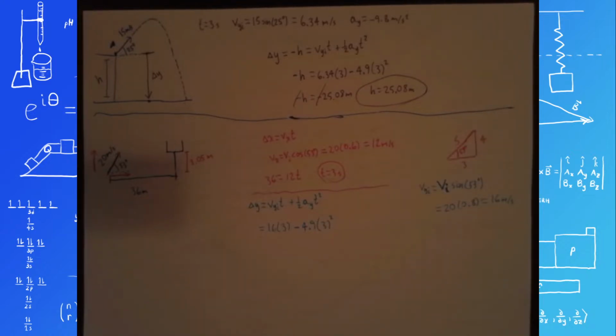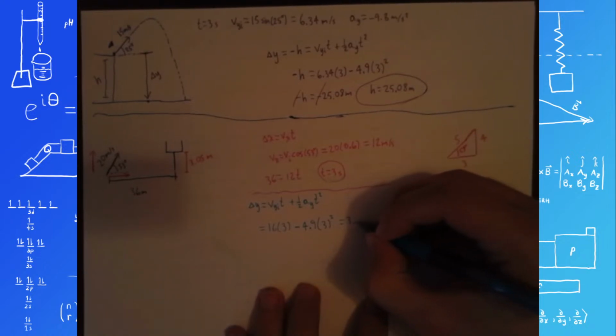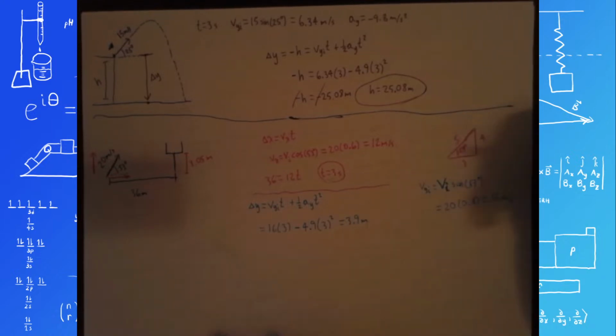So 48 minus 4.9 times 9. 48 minus 4.9 times 9 is 3.9 on the dot. It is exactly 3.9 meters. But that is not what we were being asked.